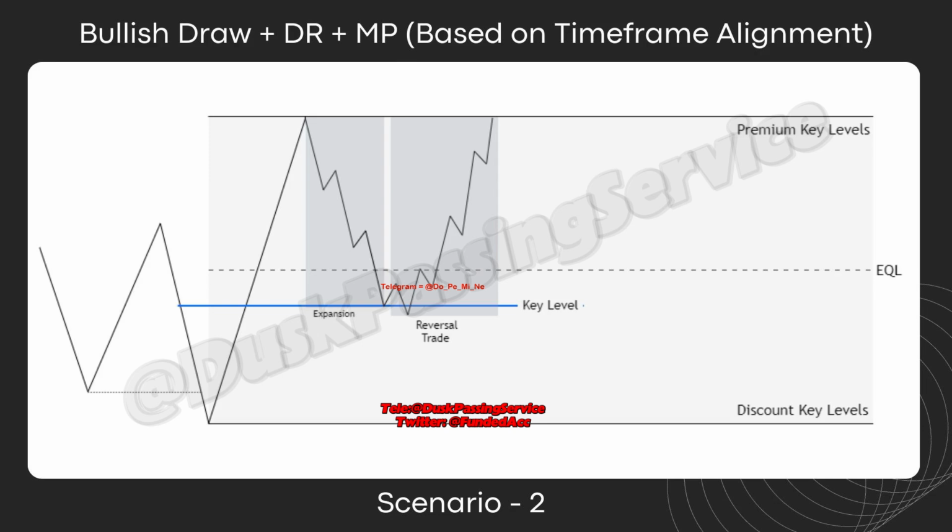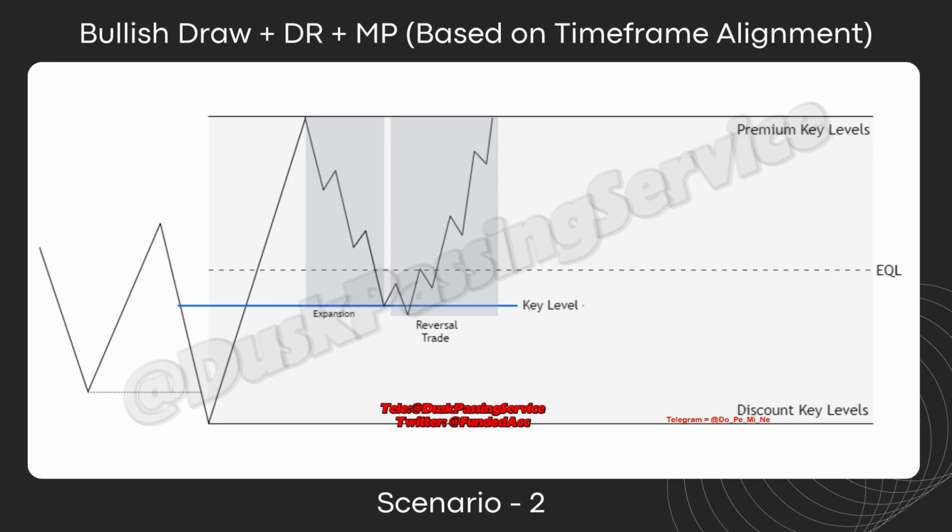Now this key level, as I said before, could either be in the form of an order block, a breaker block, an FVG, whatever. That doesn't make that big of a difference. What you need to remember is that it's a discount key level. In this case, price has done its retracement and has now rebalanced this whole dealing range, and now it can have a reversal profile in the lower time frame straight away, which will be a higher time frame expansion.